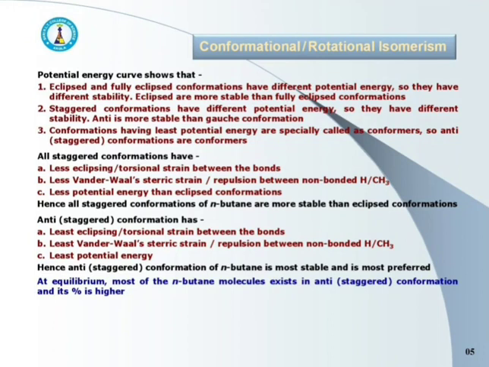Because of all these factors, anti-conformation of n-butane is the most stable and most preferred conformation. At equilibrium, most of the n-butane molecules exist in anti-conformation. The percentage of anti-conformation is always maximum.